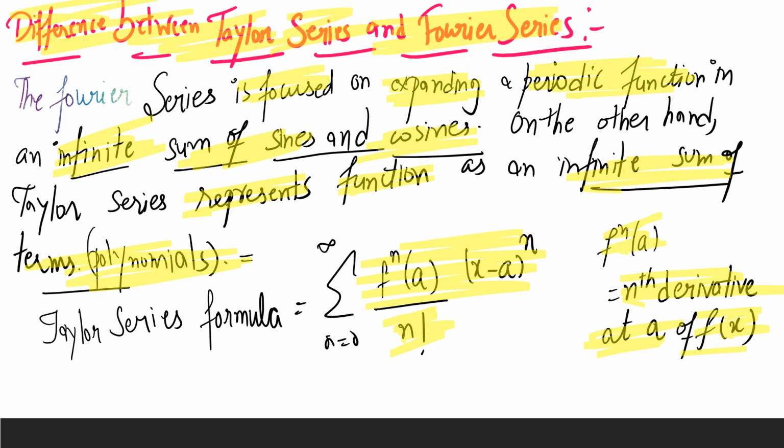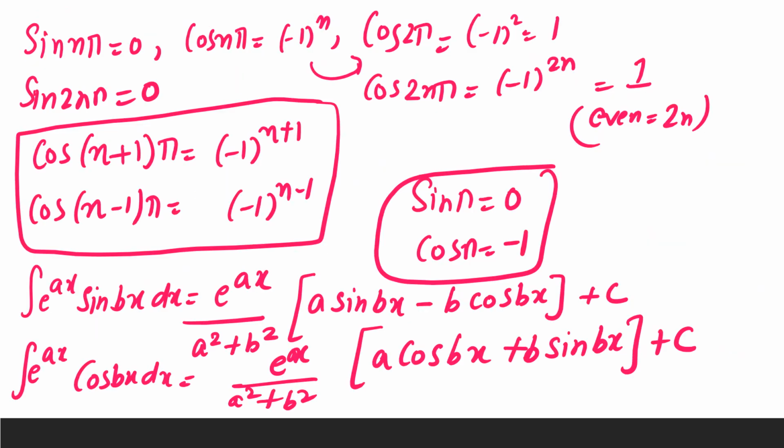So what is the basic difference? The Taylor series will expand the function into an infinite sum of terms, but the Fourier series will expand only a periodic function into an infinite sum of sines and cosines. Now, what is sin n pi? Sin n pi value is 0.